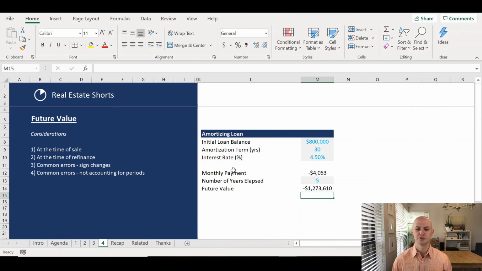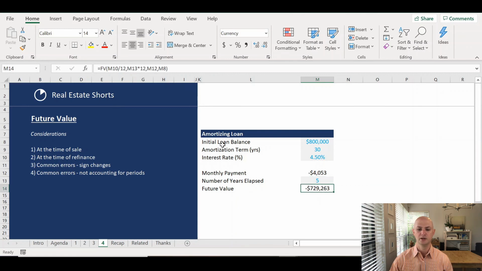So if you pay attention to the signs, then you'll logically conclude that you borrowed an amount and now you owe less because you've gradually been making principal payments throughout that period of time. So just keep that sign change in mind. And obviously the number of periods elapsed rule.